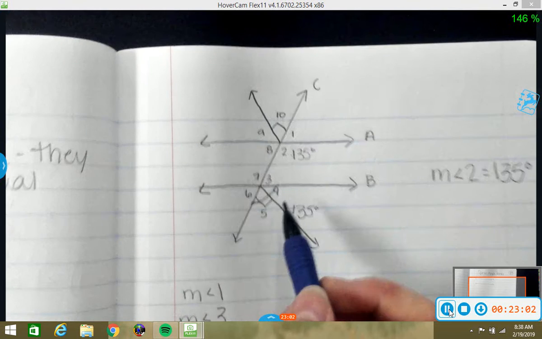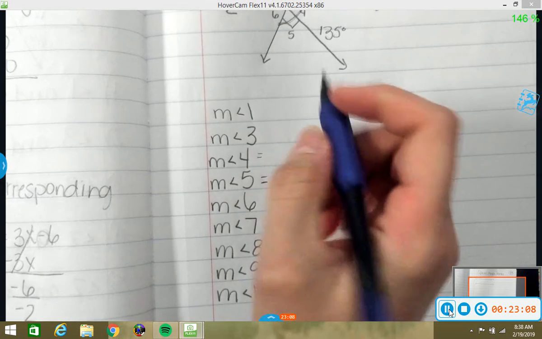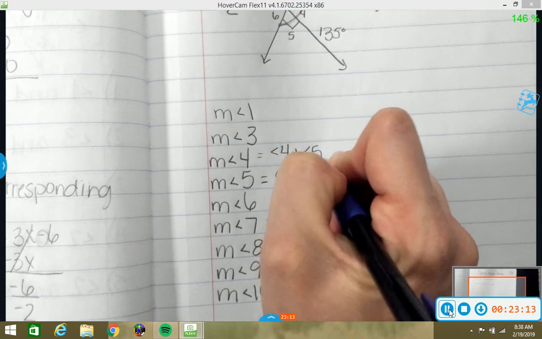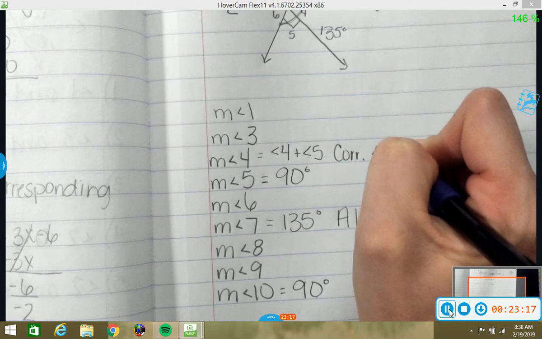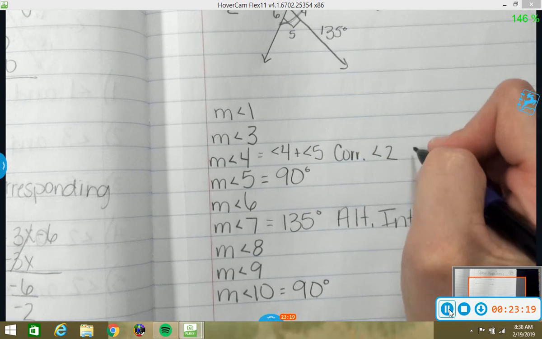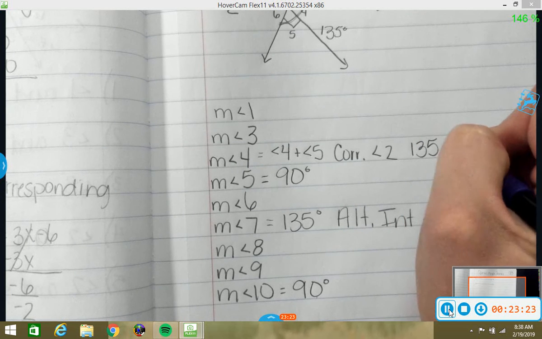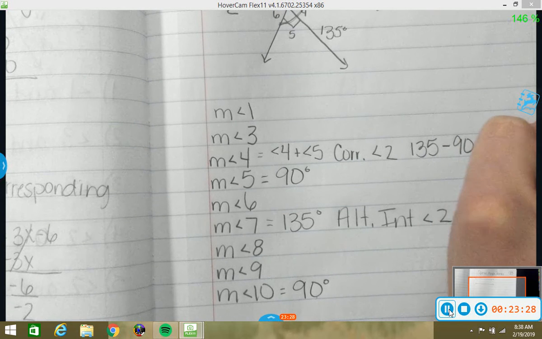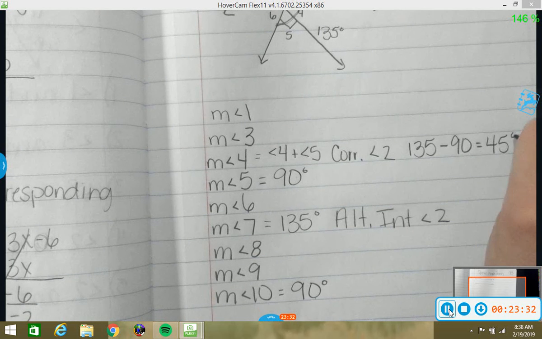But we already know that this is what? 90, so you have to subtract 90 to get 4. So angle 4 plus angle 5 corresponds to angle 2, and that's 135 degrees, but how much was angle 5? 90, so what is angle 4 going to be? 45 degrees.